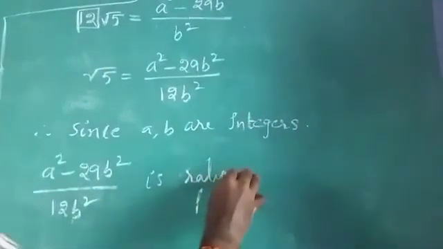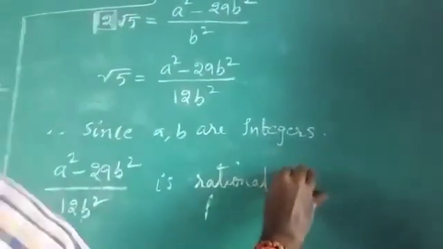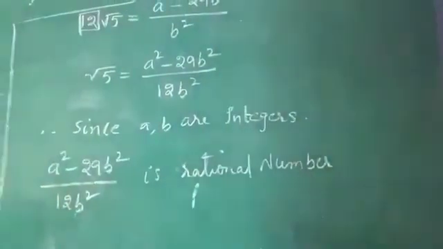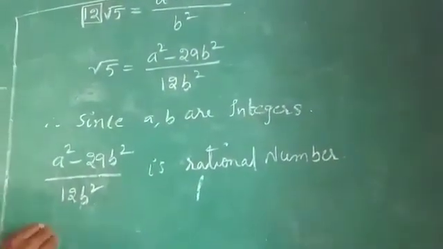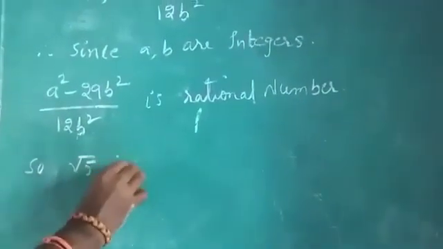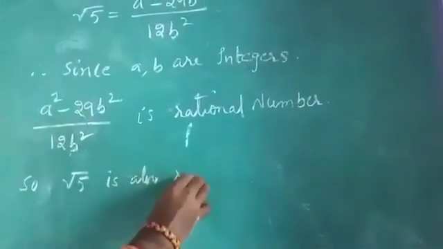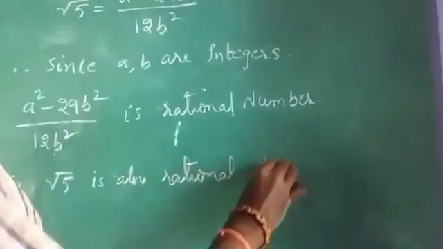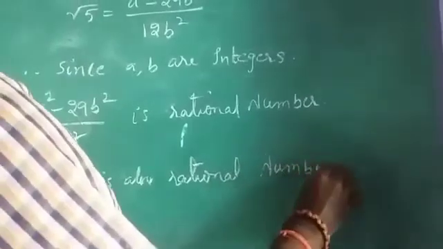It's a rational number or not? It is there in the form of p by q. That's why I am writing it is a rational number. Then root 5 is also a rational number. Then it is rational means it should also be a rational number, or not?